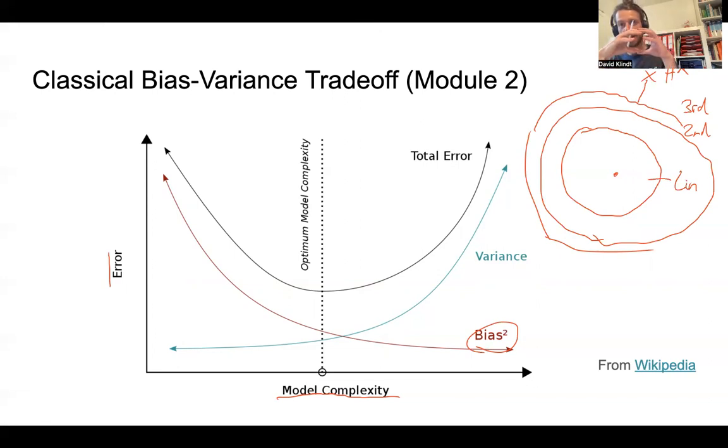You're biasing yourself away from the true solution unless you're already in there, and that bias is getting smaller as your models are getting more and more complex. It just becomes more likely that the true model that generated the data, if we may assume that, is in the hypothesis class.